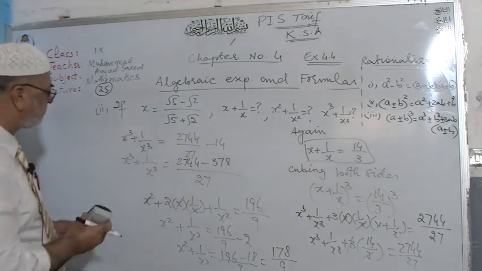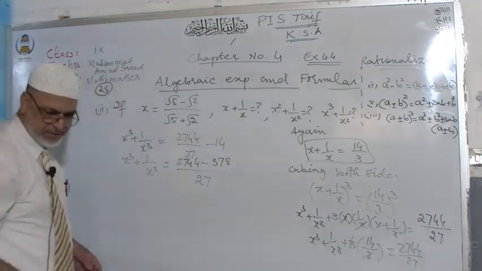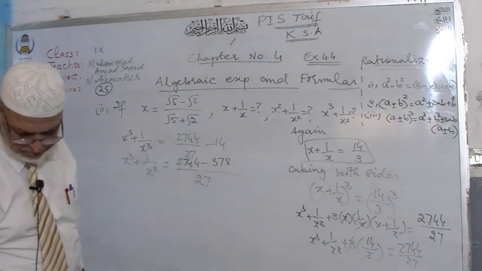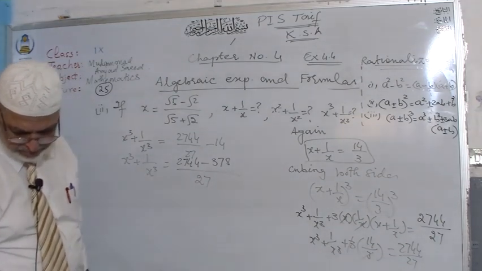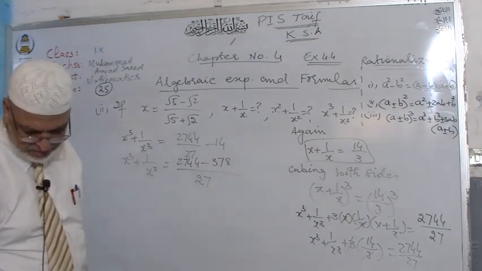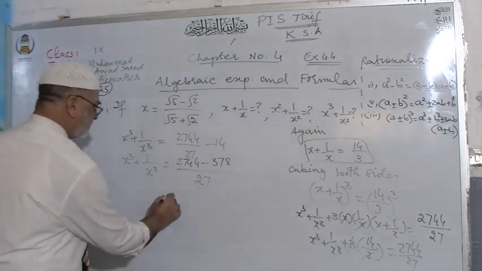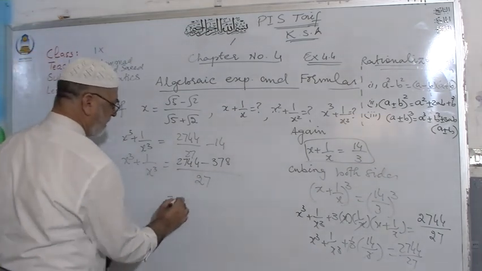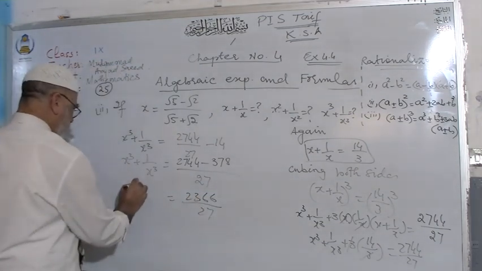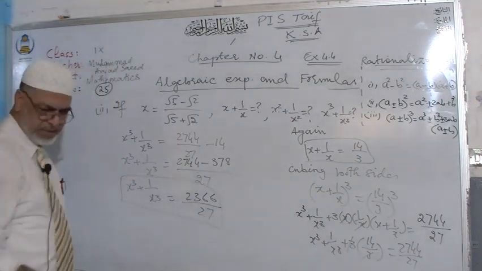Now we will have 2744 minus 378, which is 2366. So x cube plus 1 over x cube is 2366 over 27. This is your answer of third part.